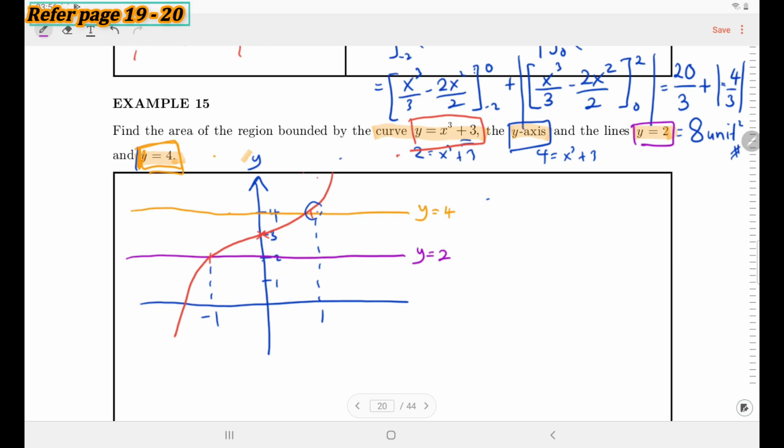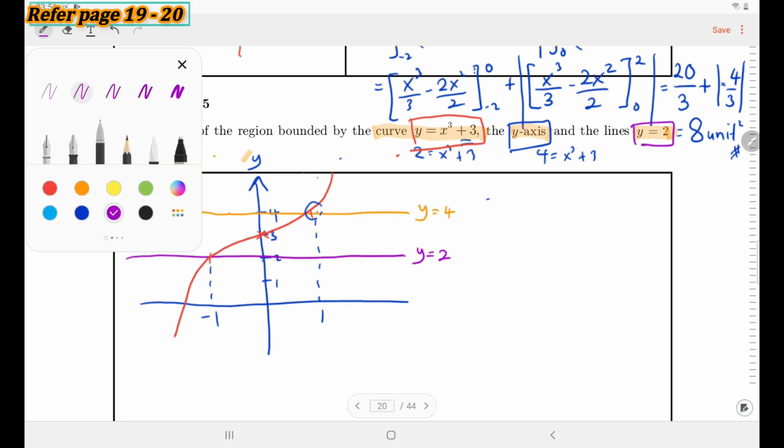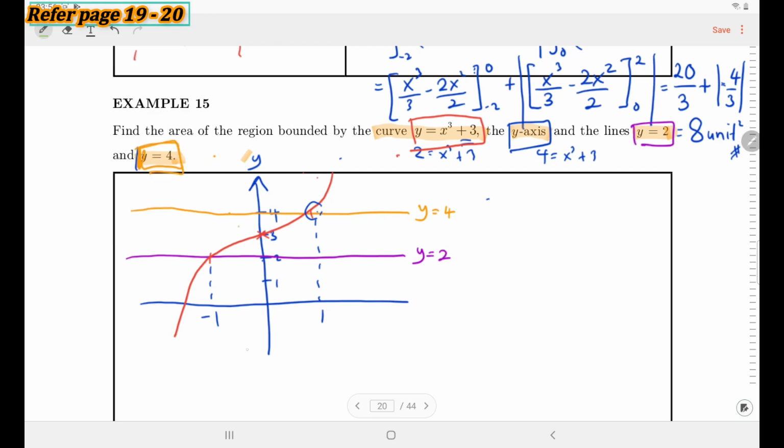Okay, so we have to find out where the region would be located. As we look at the y-axis as a reference, this would be the region under the curve. We see here a red color, orange color, and blue color.